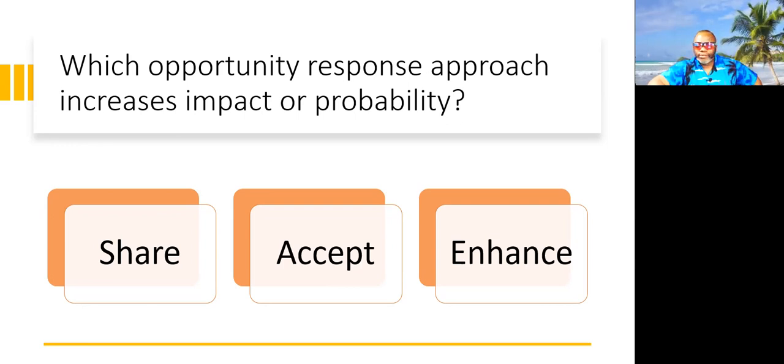All right, 3, 2, and 1. So we're talking about which opportunity response approach increases impact or probability. The best one here is not share, and it's not accept. Accept does nothing. It's enhance. Enhance increases the impact or probability. Remember, we're talking about opportunities here. So this is what we want to increase: the opportunities, probability, or impact.